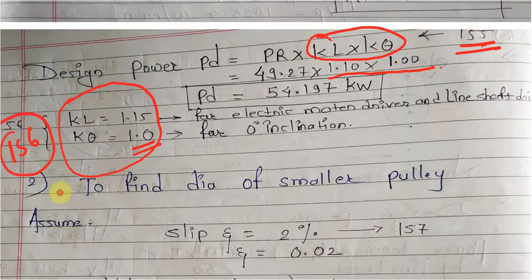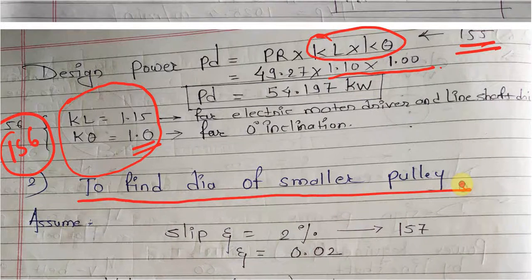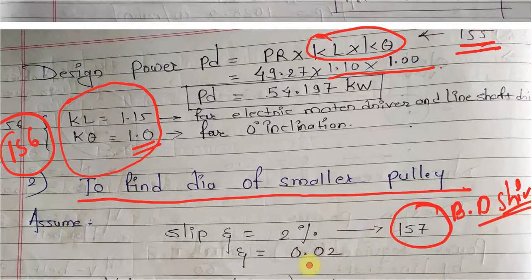Now the second step: find the diameter of the smaller pulley. Here we always assume the slip xi is equal to 2%, in page number 156 of BD Shivalkar, so xi is equal to 0.02.